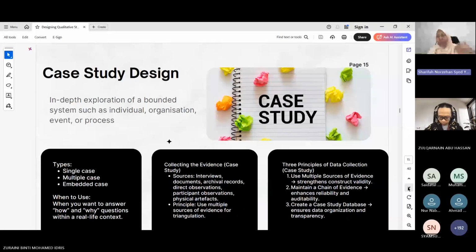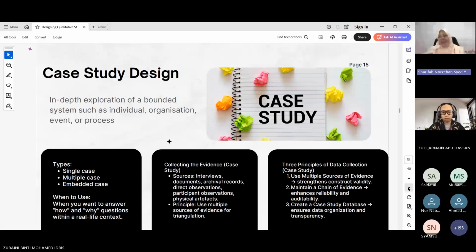It's about making sure that they can achieve their objective through that strategic action plan.